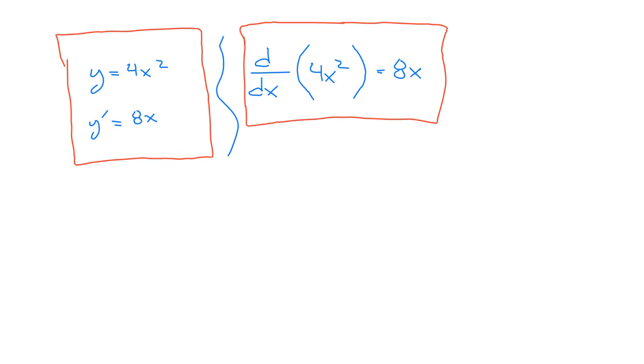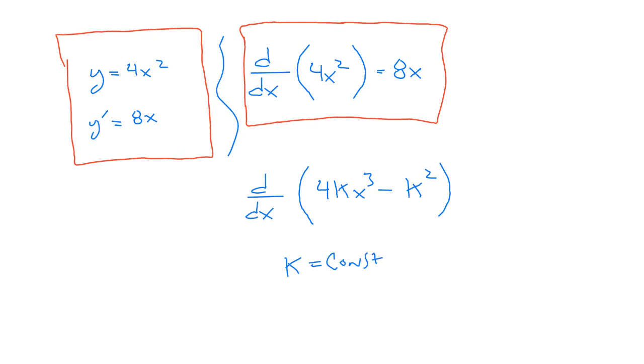Now that might not be what your concern was. Your concern might be more like this. If I ask you, what's the derivative with respect to x of 4 times kx to the third power minus k squared, where I go out of my way to tell you k is a constant, but I'm not going to tell you what it is, or I don't know what it is.